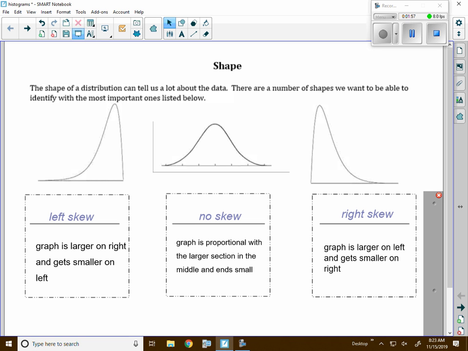The last one is right skewed because we have that tail on the right-hand side. Give you another minute here to get that written down.